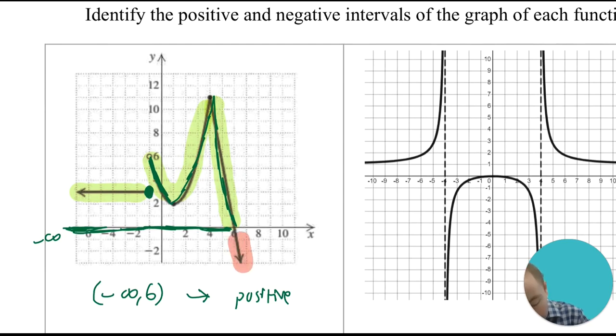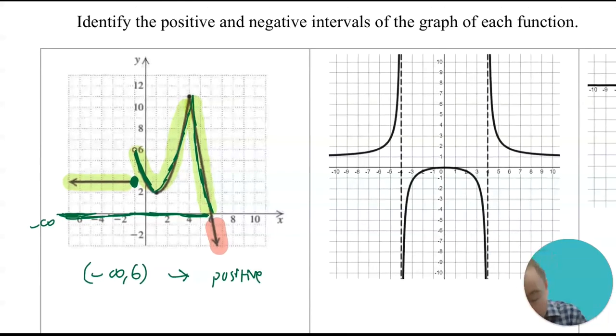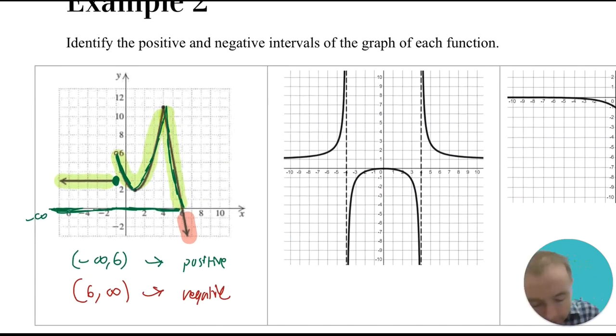And then this part right here that's below the x-axis would start at 6, so parenthesis 6, and then it's going to go to infinity because of the arrow. That part of the graph would be a negative part of the graph, right? And then for the other graph that you see right next door, these couple parts right here are where the graph is going to be positive. So this interval goes from negative infinity until you get to -4.